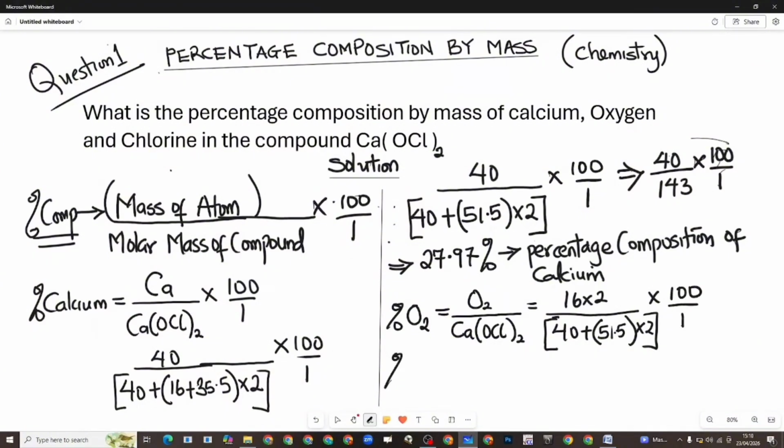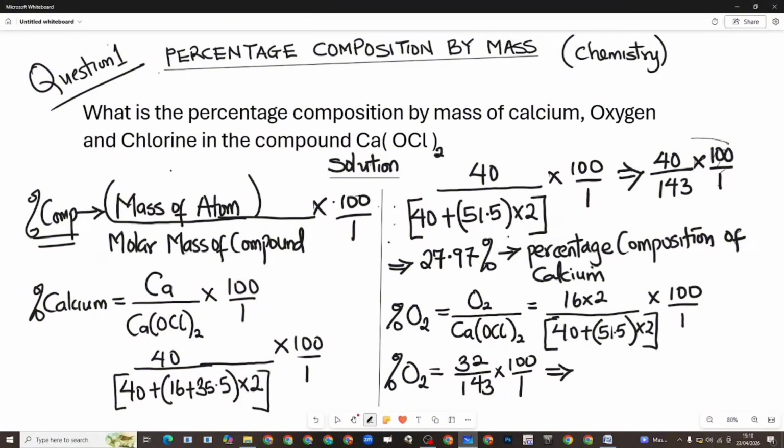For the percentage of oxygen, we're going to get 32 over 143 times 100 over 1.